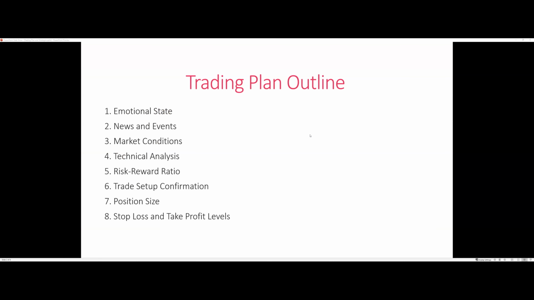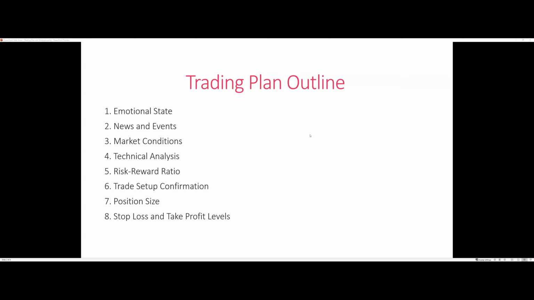I also check exactly what time of the day it is before I enter one. Then market conditions: whether it's choppy, a trend day, or about to show some type of setup. The technical analysis is whenever you use EMAs or some type of indicators to get in the trade, and that also confirms your trade setup.